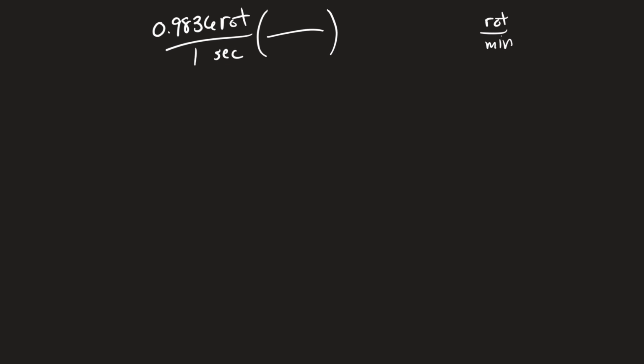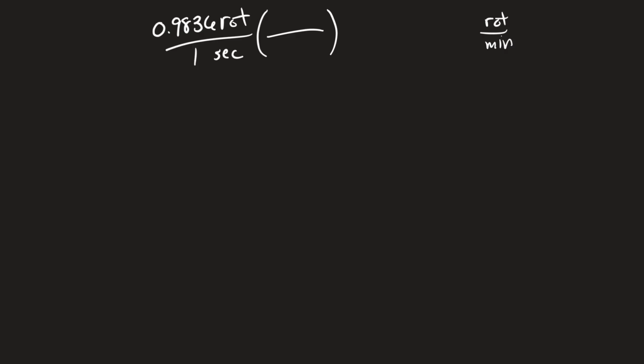So that's the only one I have to work on. And I happen to know the conversion from seconds to minutes, so I think I can do this in one step. If it was like seconds to hours, I might have to do this in 2 steps, right? Because I don't know the conversion from seconds to hours. I know seconds to minutes and minutes to hours. So really, it depends on what conversion facts you know.